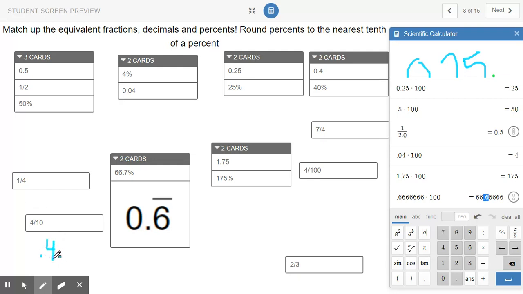This is the tenths place, right? So 4/10 is 4/10. So which one of these has 4/10? Okay, this is close, but this is actually the hundredths, not the tenths place. So this one has 4/10. So I know this matches here.